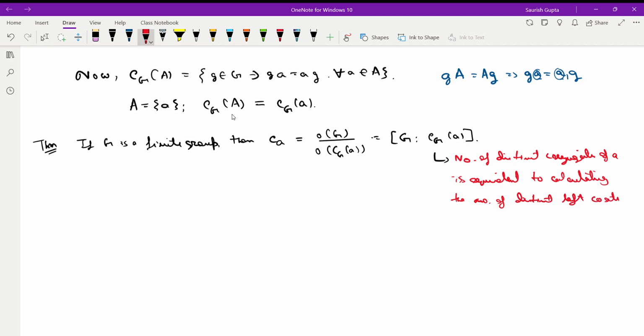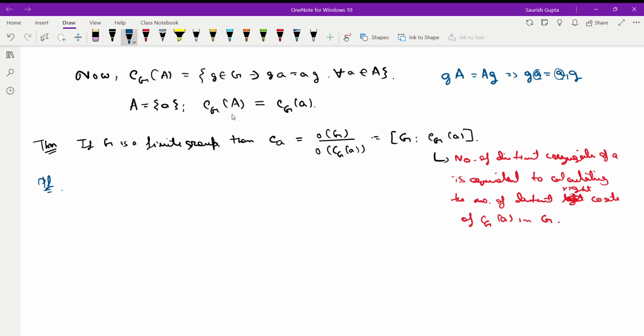Let me be precise: ordinarily we always use left cosets, but let me do right cosets. The number of distinct right cosets of the centralizer of A in G. That's indeed what we will be proving now. Okay, so proof.